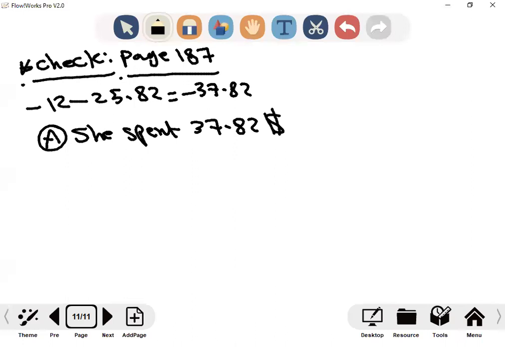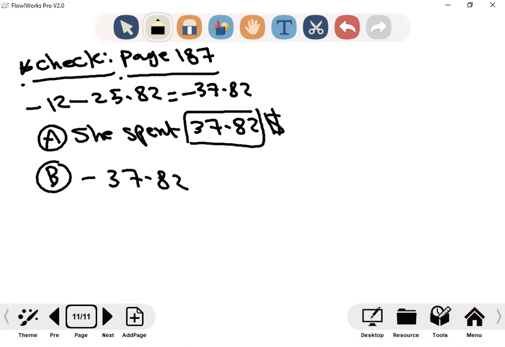Part B, read. What is the additive inverse of the total? The total of the money she spent is how much? The additive inverse, yes, negative 37.82. Part C, which describes a situation.